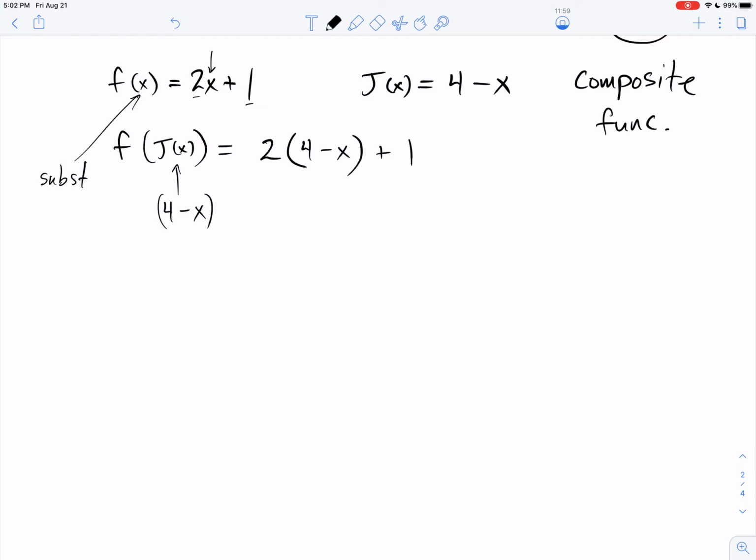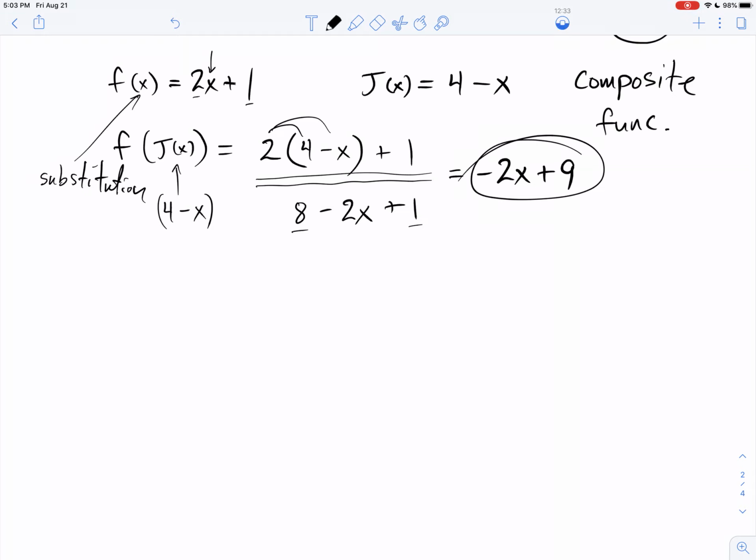Substitution. Now, let's clean it up. This guy right here is not pretty. This is impolite. This is leaving work for somebody else to do. So we are supposed to, in this case, distribute. So I'm going to say, well, that would be 8 minus 2x. Don't forget plus 1. That's part of the deal. Then we could put 8 plus 1 together. So the final answer would be negative 2x plus 9.